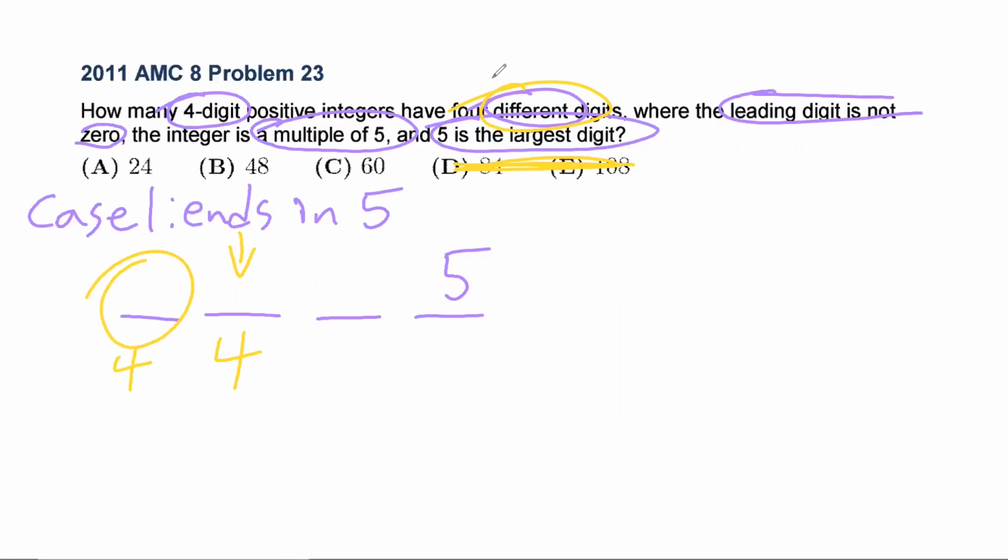So for the next number in the third place, our options start going down, because we can't use the number we've used here. We can't use the number we've used here. And so that means there's only 3 options left.